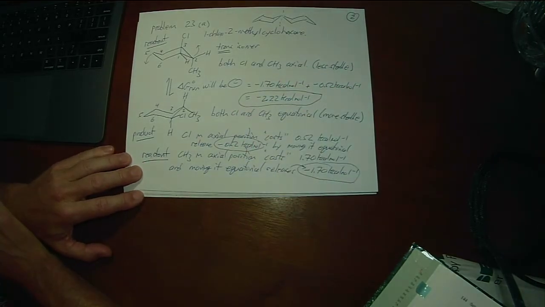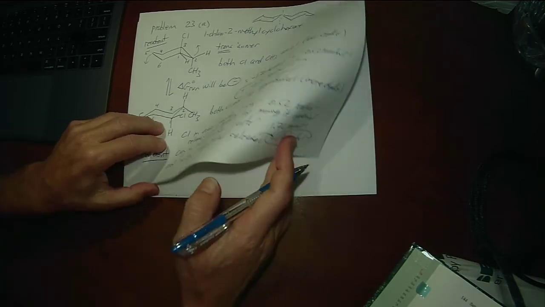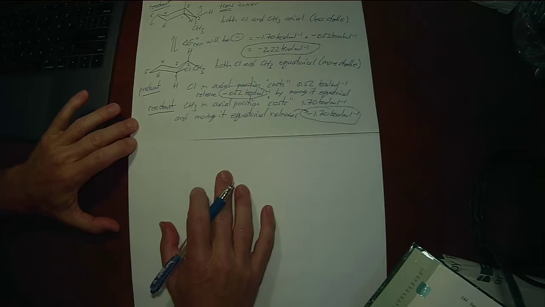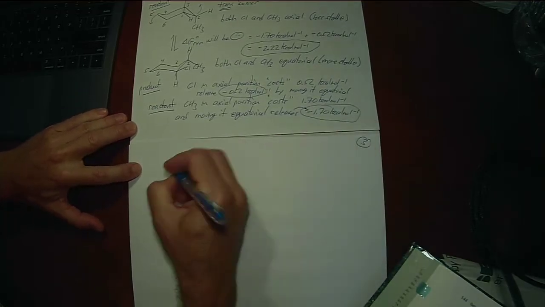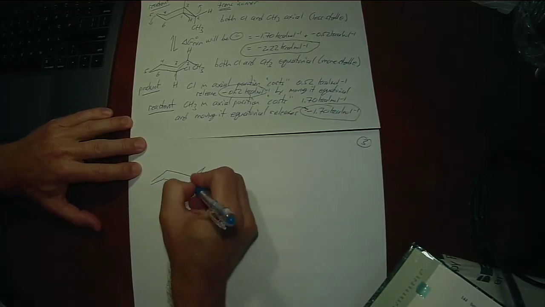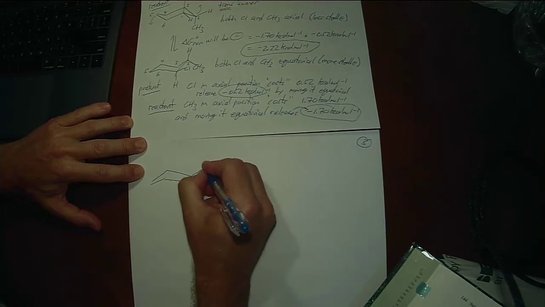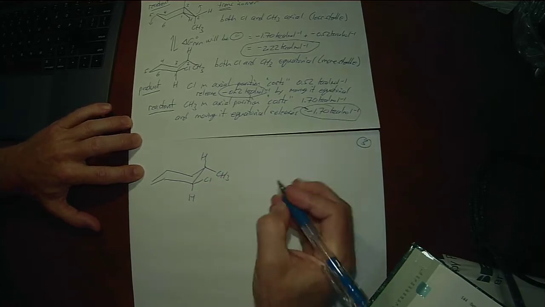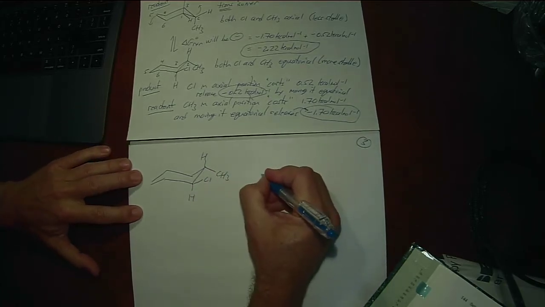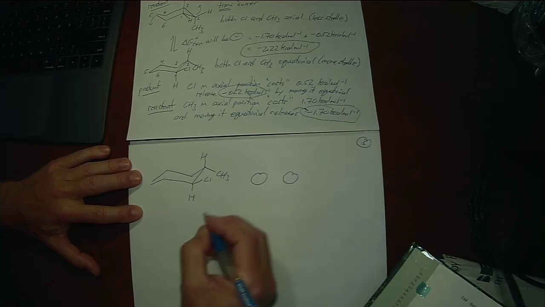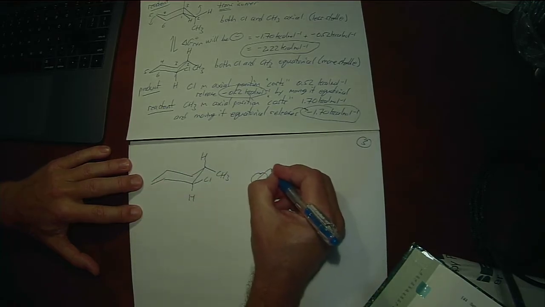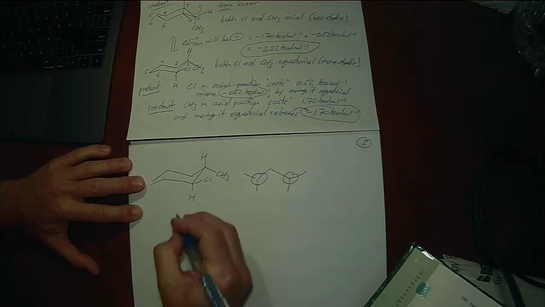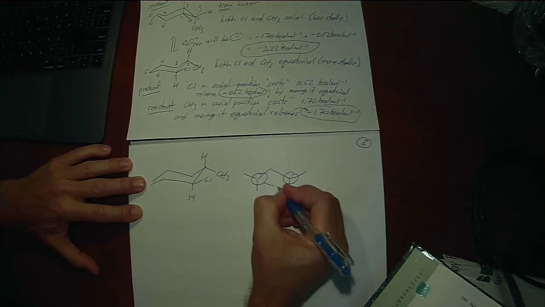That's not actually the right final answer, though, because if you look at this structure, you'll notice that with the chlorine here and the CH3 there, if I draw a Newman projection looking down that bond, I've got my front carbons out like that, and my back carbon coming down like this.